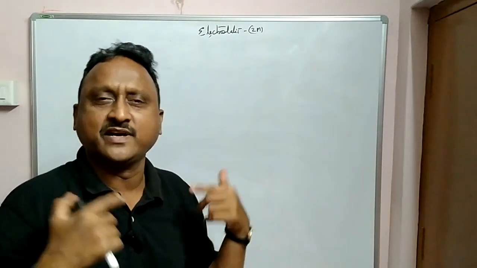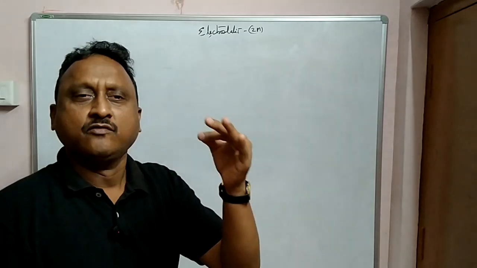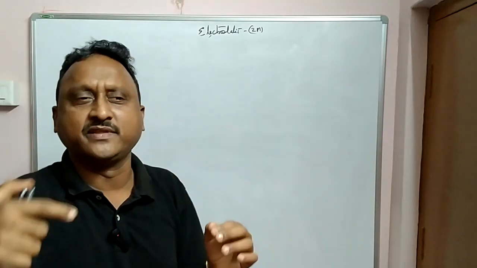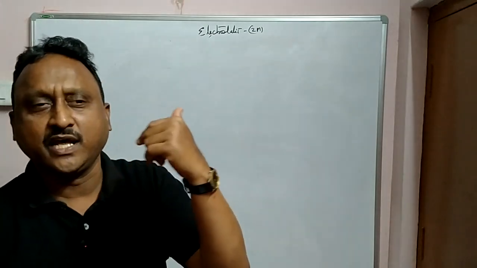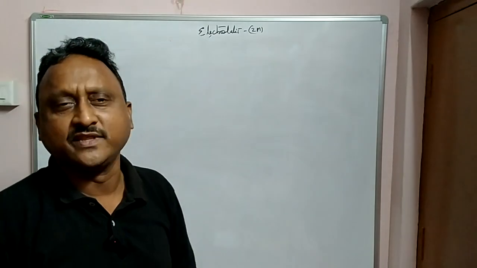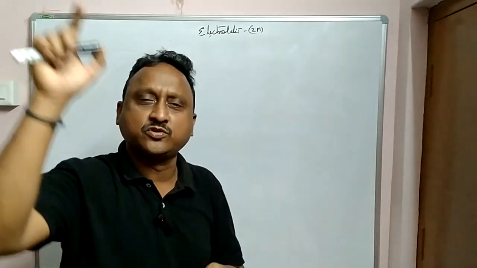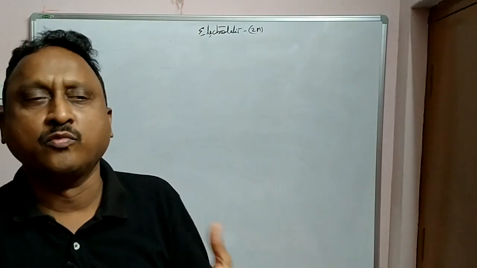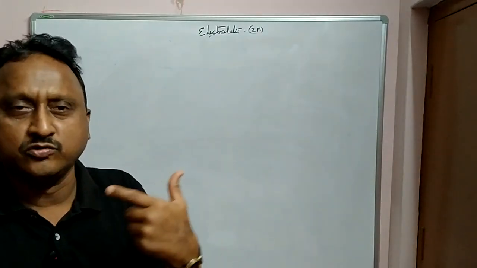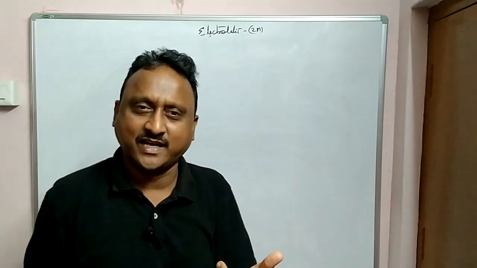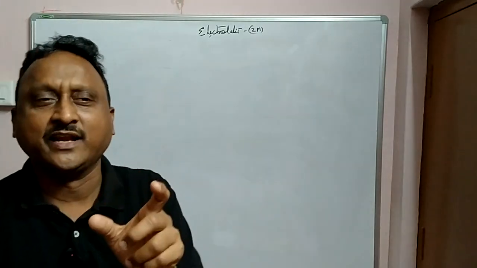Coulomb's force is attractive as well as repulsive. The force acts along the line joining the two centers of mass, and there too the force acts along the line joining the two centers of mass. There is no effect of any medium between two bodies. But here, if any material is between two bodies, two charges, the force will be affected, as you just saw because of the K value.